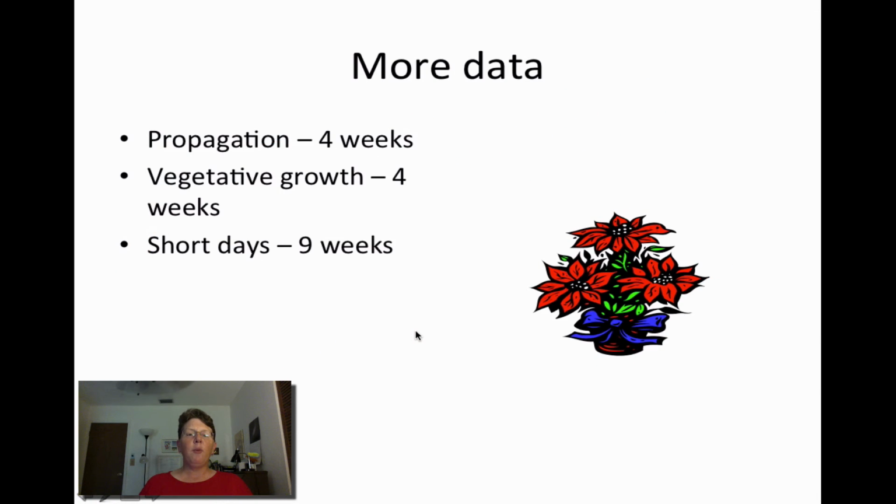So, what else do we need to know? Well, how long will the plant have to be in production? We need 4 weeks of propagation, 4 weeks of vegetative growth, and we need 9 weeks of short days. If we were going to have a pinch in there, we would have to add a week or two for the plant to grow out of the pinch. If we're taking unrooted cuttings, we have to give them time to root, and then we have to give them time to grow.